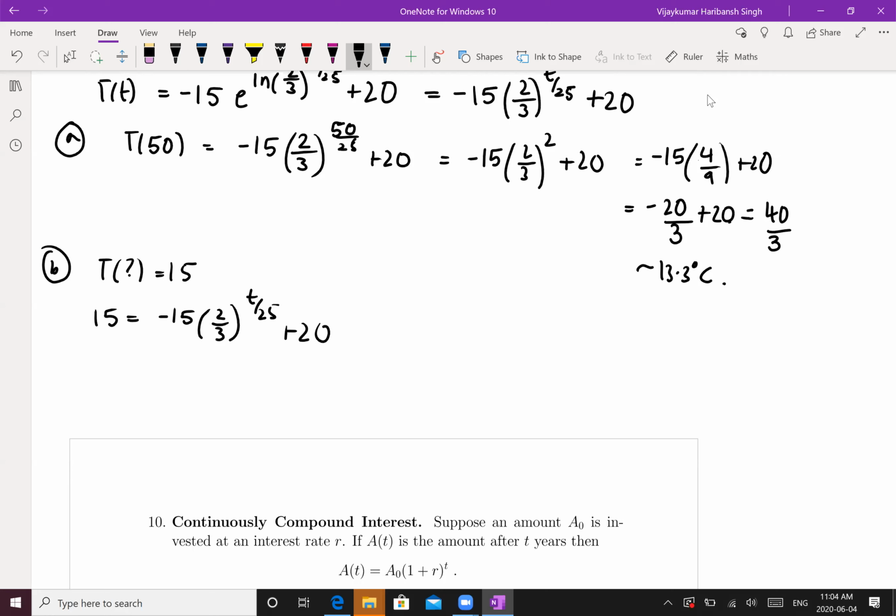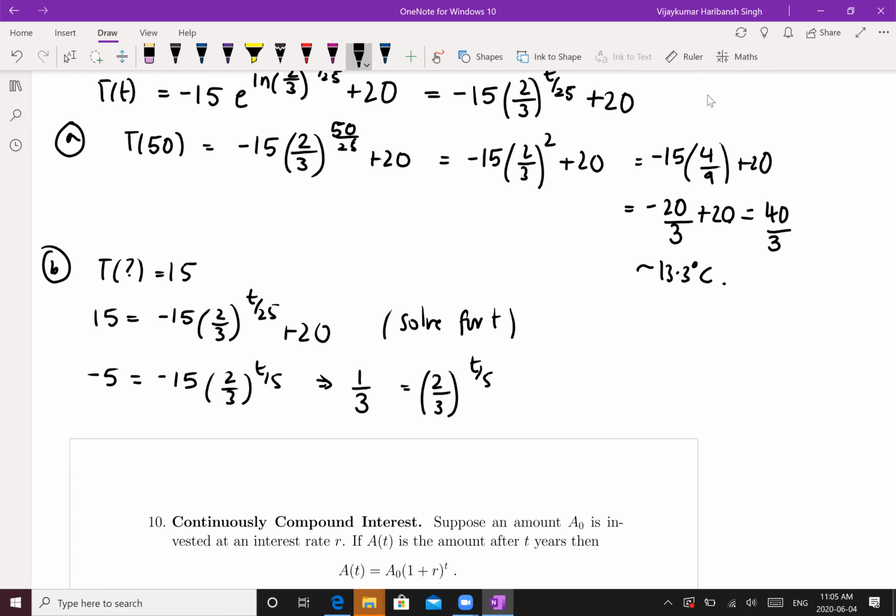And now we need to solve for T. So subtract, we get minus 5 equals to minus 15 times 2 by 3 to the power T by 25. So this implies 1 by 3 equals to 2 by 3 to the power T by 25. So now you need to solve for T. So take ln on both sides. So this will give me ln of 1 by 3 equals to T by 25 times ln of 2 by 3. And if you multiply it on the other side, you get 25.